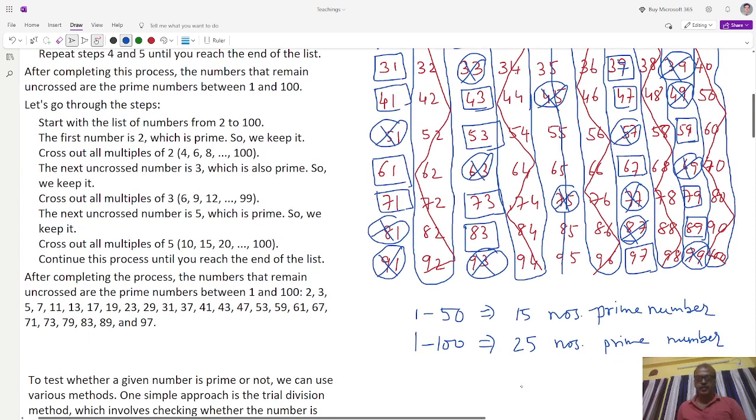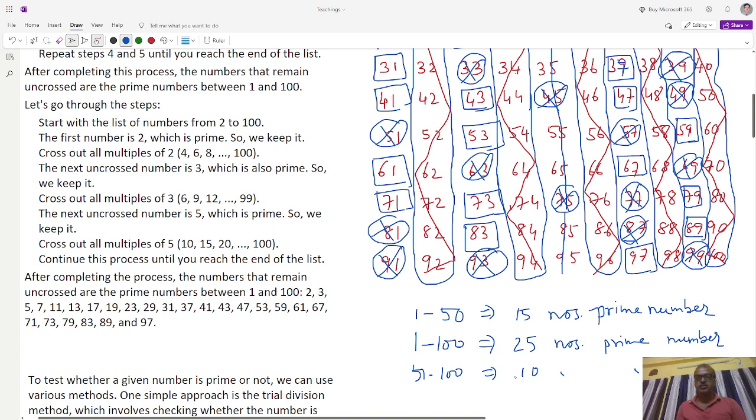So within 51 to 100 there are only 10 prime numbers, right? From 1 to 50 there are 15, but from 51 to 100 there are 10.